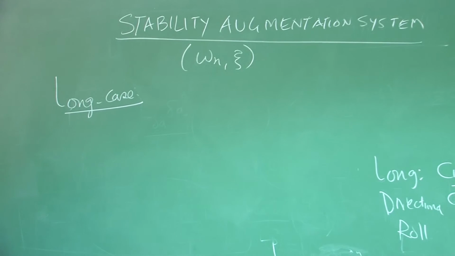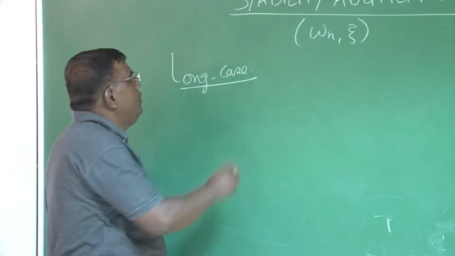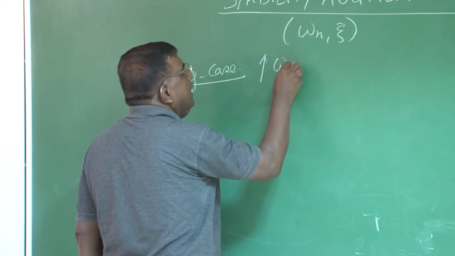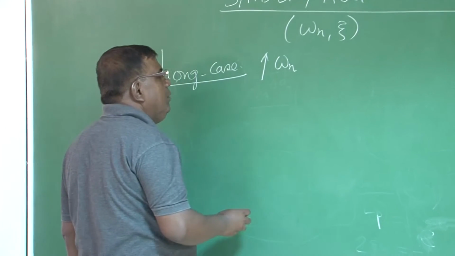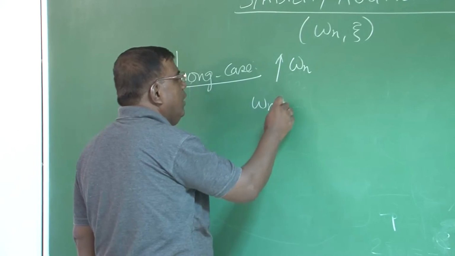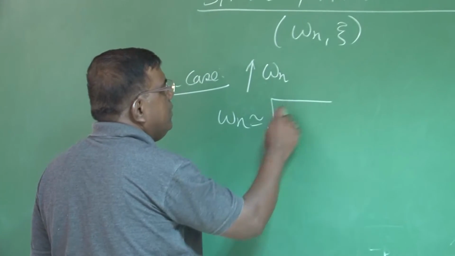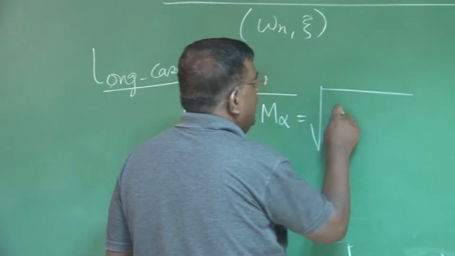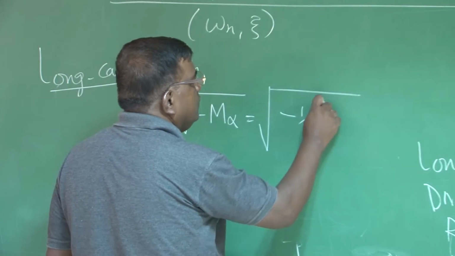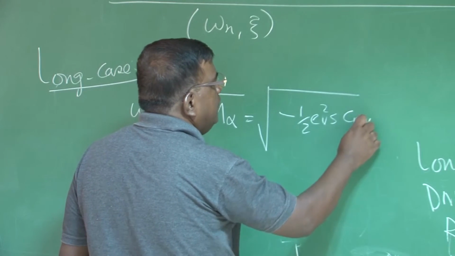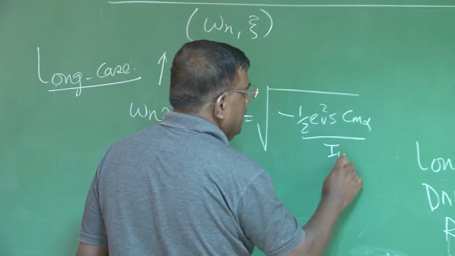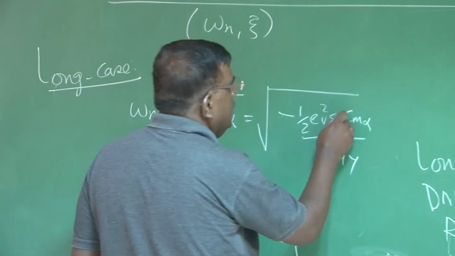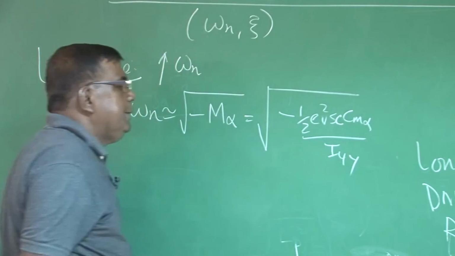But just to warm you up, for the longitudinal case, if there is a requirement of increasing omega n, we know from approximate analysis that omega n is proportional to minus M alpha, which is nothing but minus half rho V square S C Cm alpha by Iyy.